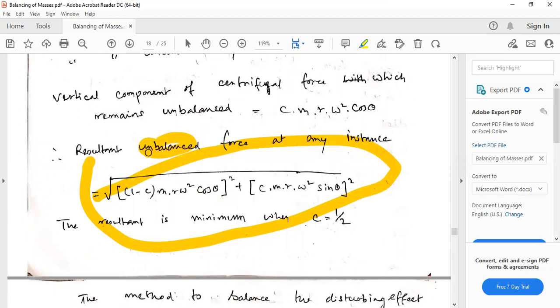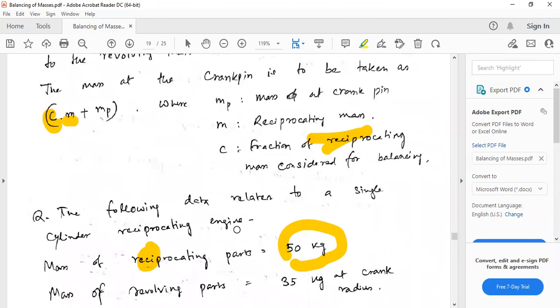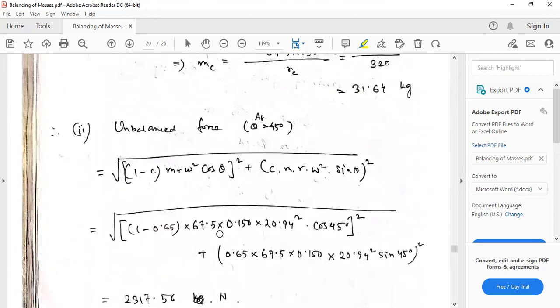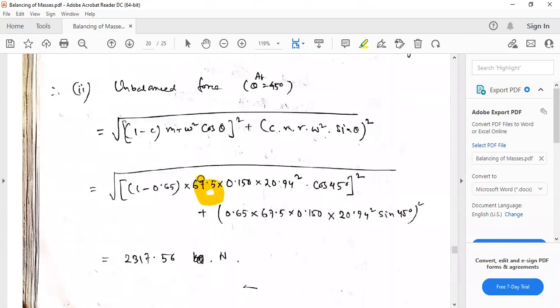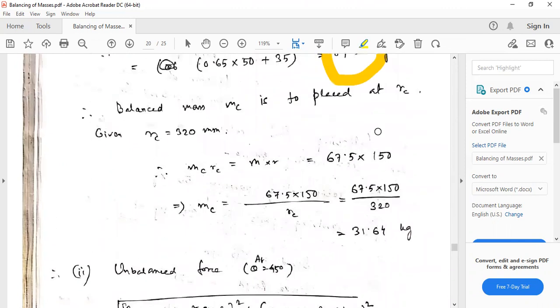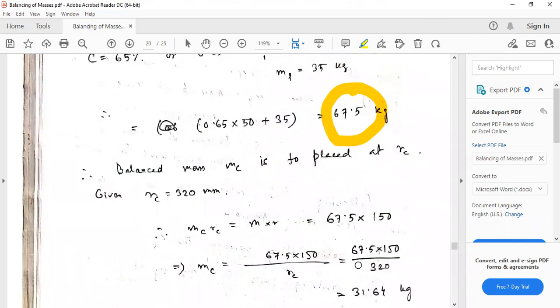That unbalanced force is caused by an unbalanced mass, so this unbalanced mass is 67.5. That's why we have to write 67.5 instead of writing this 31. This 31 kg balances 67.5 kg.